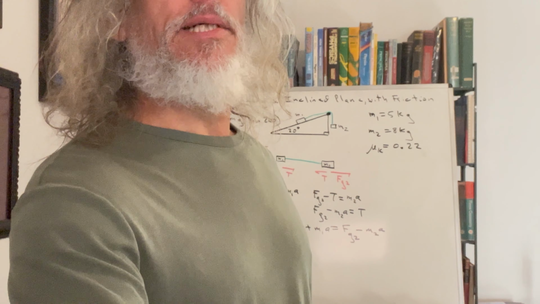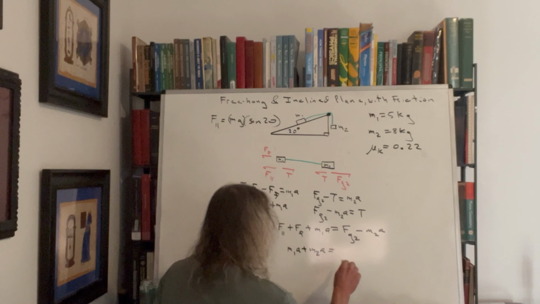All right, so we solve for A. We can add this to both sides and subtract these. So this one comes over here. We get this plus this. And these two we subtract, so this minus this minus this.